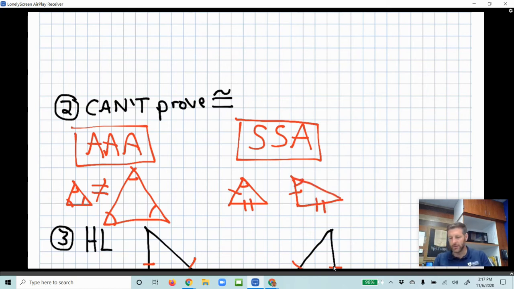Those angles roughly could be about the same size, same length of the side lengths, yet because this angle right here can hinge in different directions, there's no guarantee that those triangles are going to be exactly congruent. That's not a very great drawing, but just remember, the bad word doesn't work, and neither does the AAA. So there's 2 that don't work.